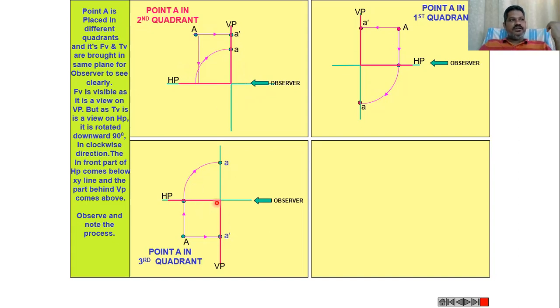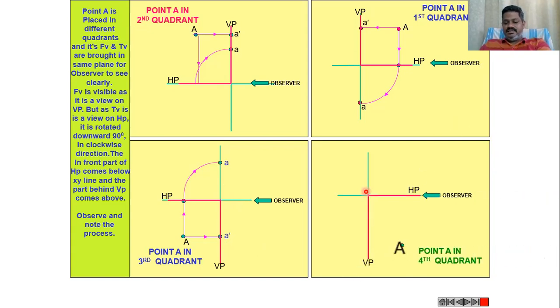When the observer is in the third quadrant, the top view will come above the XY line, and the front view will come below the XY line, like this. Then when the point is in the first quadrant, exactly like this, the point is in front of VP, below HP, then A dash will be projected on the vertical plane and A will be projected onto the HP like this.